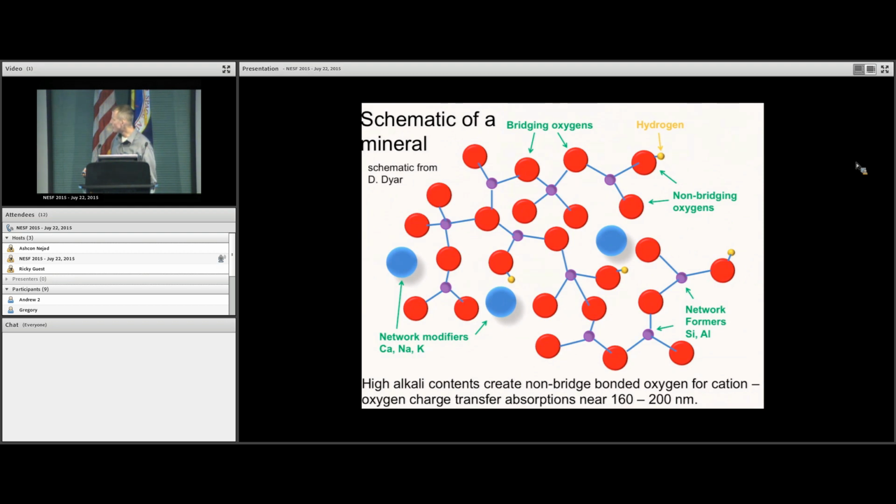The charge transfer between non-bridging oxygens and these network modifiers tends to produce an absorption band around 160 nanometers out to 250 nanometers, potentially even longer, whereas the charge transfer between the bridging oxygens tends to be at shorter wavelengths, higher energy. And also showing some hydrogen adsorbed onto there, as if OH would exist.